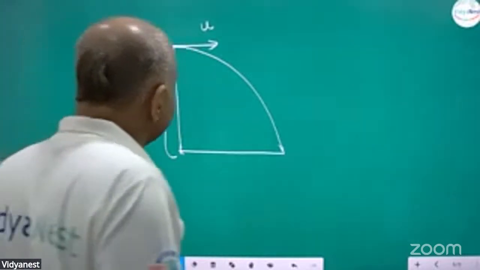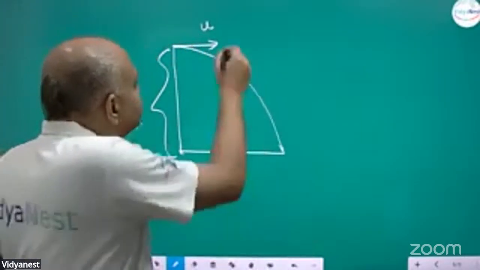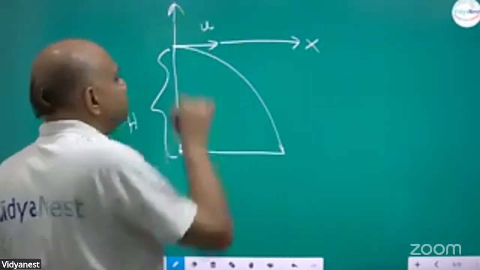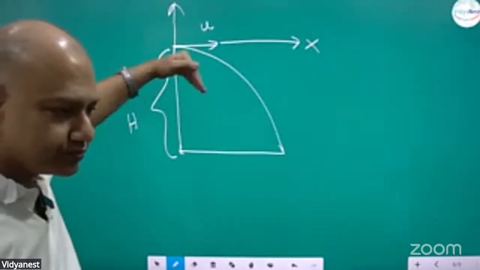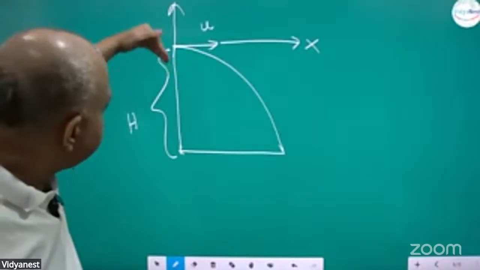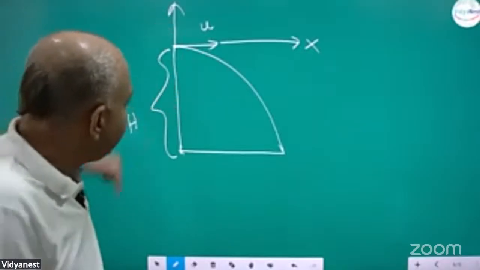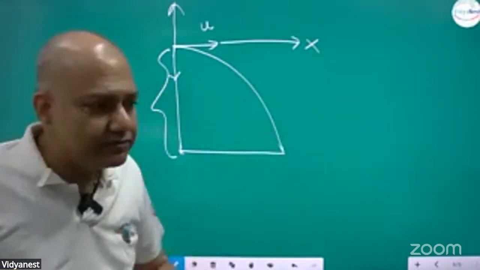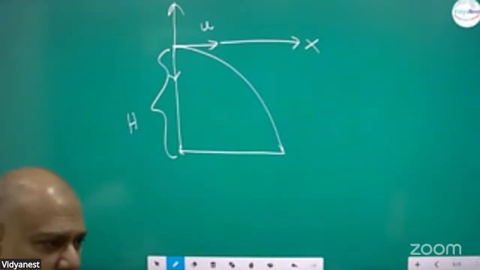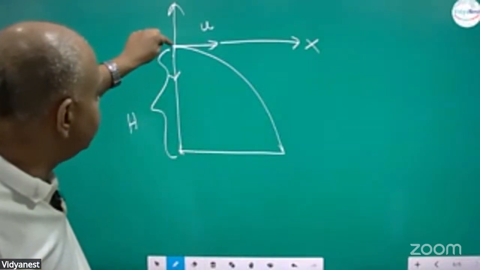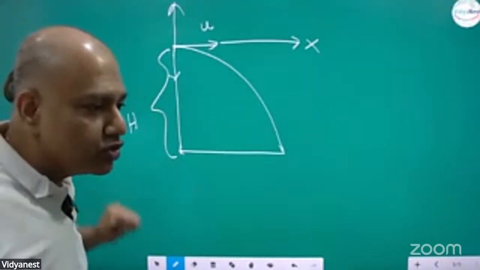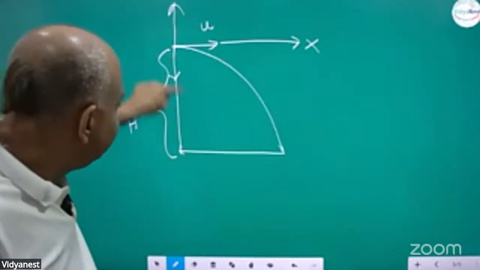If I take this as the x-axis and this one as the y-axis, it has gone down. Can you tell me, is there any component of the velocity along the y-axis initially? No component, isn't it? So if I just consider the vertical motion, what is the net displacement?